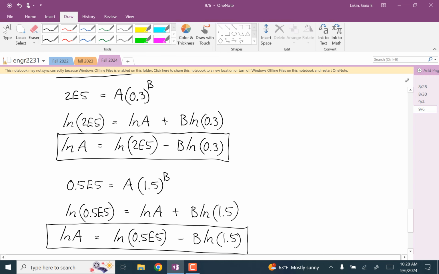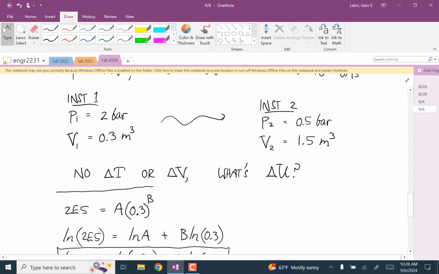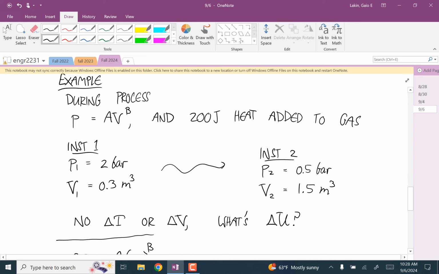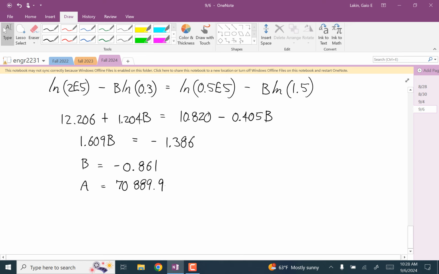Okay, so now we have those two values. We can come up with our function P as a function of V. So P is equal to 70,889.9 times volume to the negative 0.861.